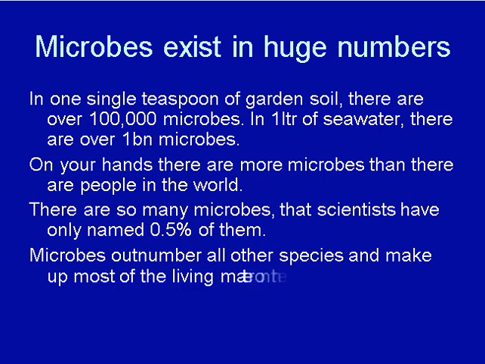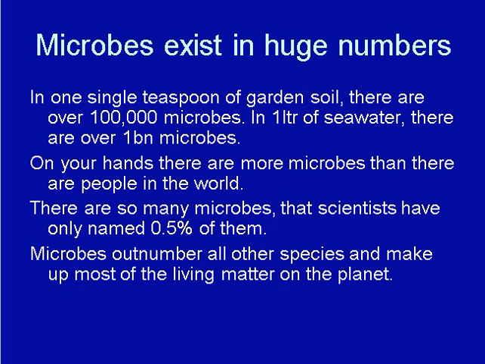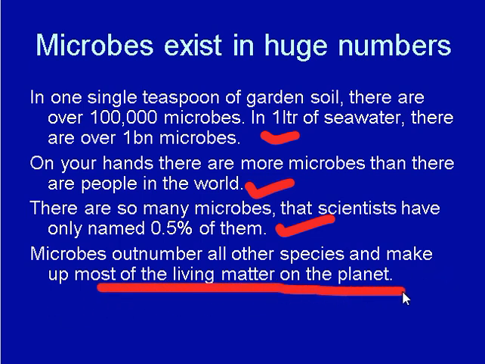In 1 liter of sea water, there are 1 billion microbes. On your hands, there are more microbes than there are people in the world. There are so many microbes that scientists have only named 0.5% of them. Microbes outnumber all other species and make up most of the living matter on the planet.